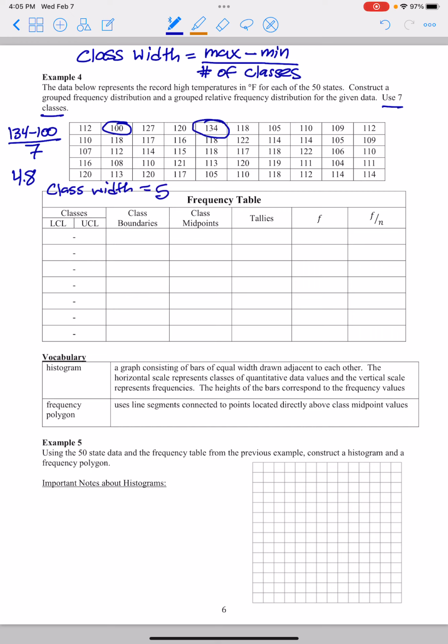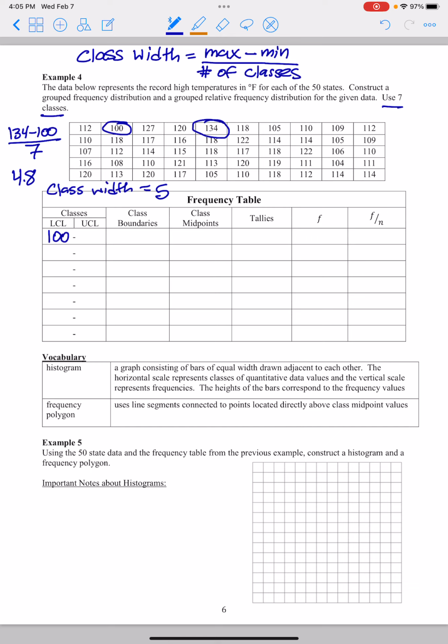And I'm going to start my lower class limit at 100 for my first class. So in my frequency table under classes, LCL stands for lower class limit, and I'm going to put 100 in there.